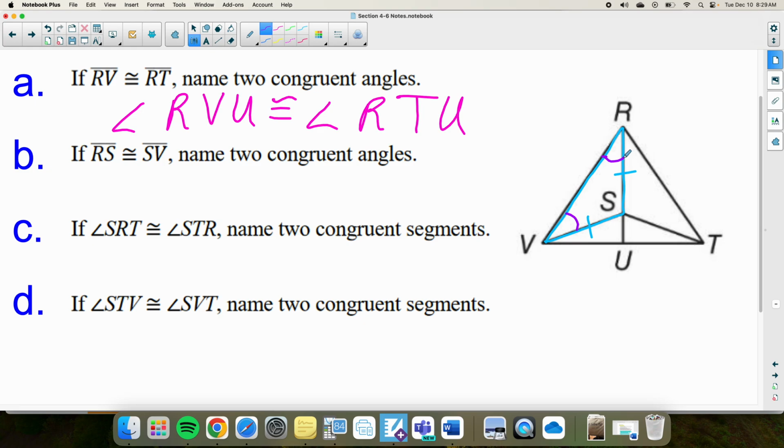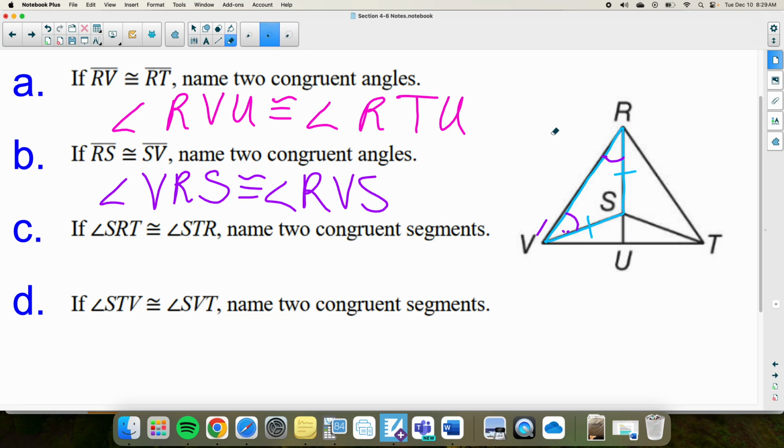So you go across from the two congruent sides. So here I have to use three letters again. R would have to be in the middle up here, so I could say angle VRS or VRU or URV, SRV, those would all work. So VRS is congruent to angle, and then this one, I could say RVS or SVR. So I'm gonna do RVS.